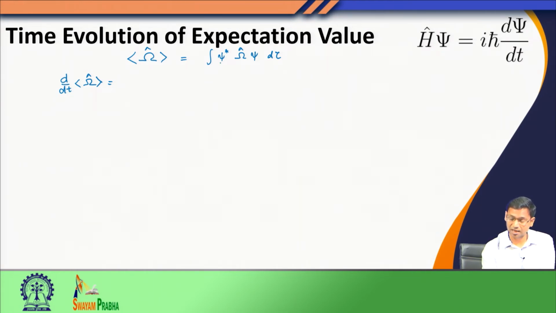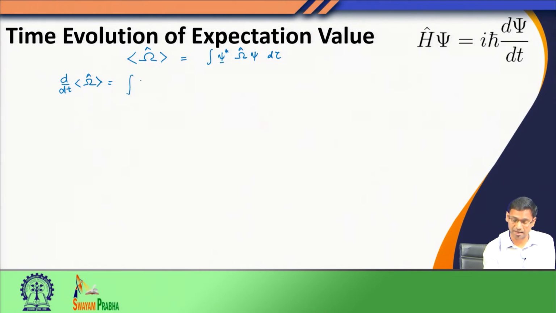In the right hand side I have this integral where I have three terms: psi star, omega, psi. The wave function has explicit time dependence, we know that now, and the operator we have defined has no explicit time dependence.